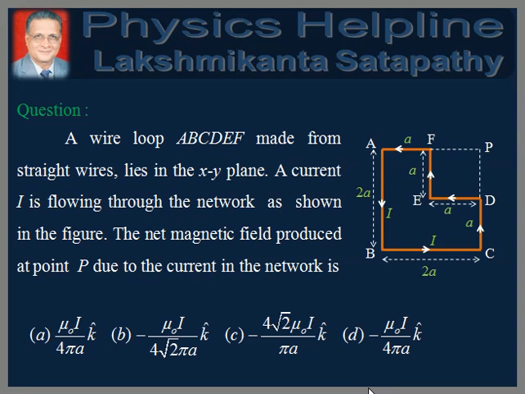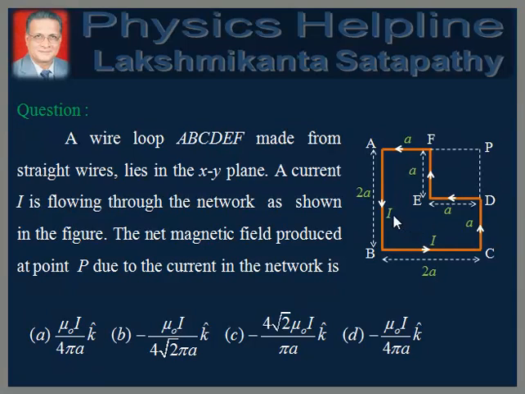Read the question carefully. The wire loop ABCDEF is shown in the figure. Current is flowing in the direction of ABCDEF, which is anticlockwise.